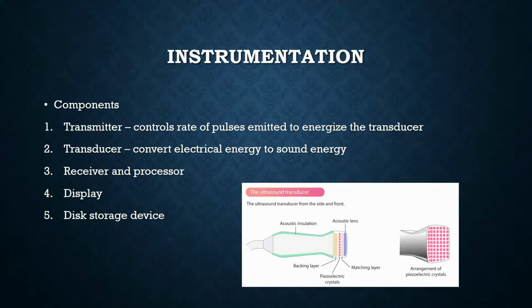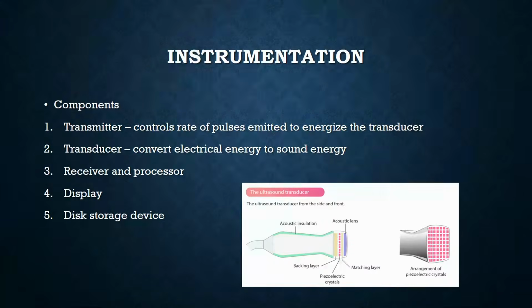Receiver and processor capture the weak returning echoes and clean them up. Display converts processed signals into visual formats, that is 2D grayscale imaging or Doppler. Disk storage saves the images and videos for your review and records.